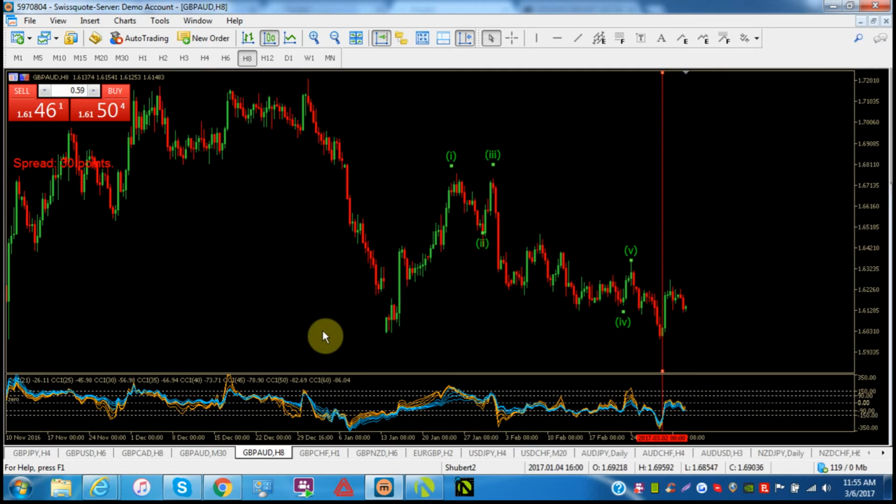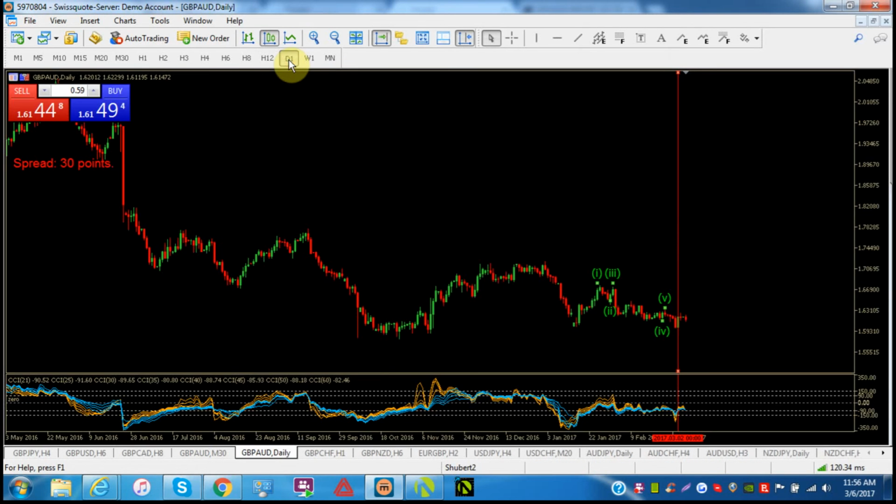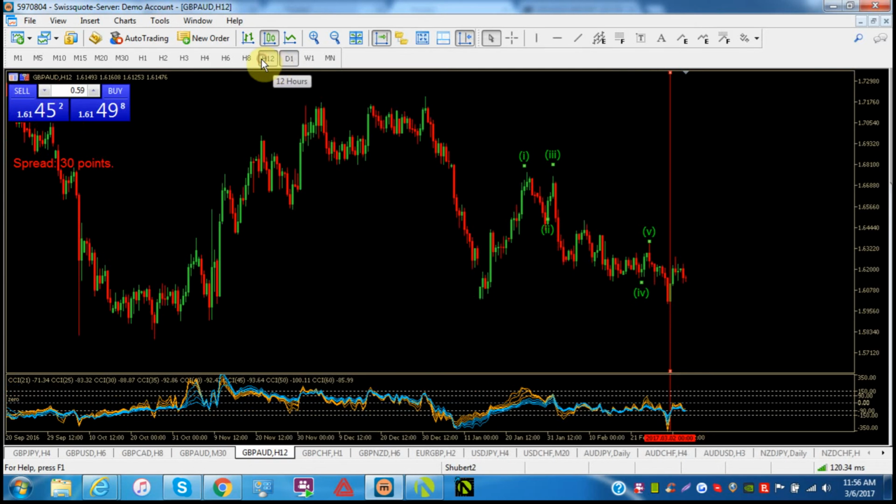So I'm concentrating on the pound Aussie. What I'm looking at right now is the 8-hour chart or the 12-hour chart. Really doesn't matter. This goes to the importance of starting at the higher time frames and working your way down. In this particular case, I think the daily is a little long.